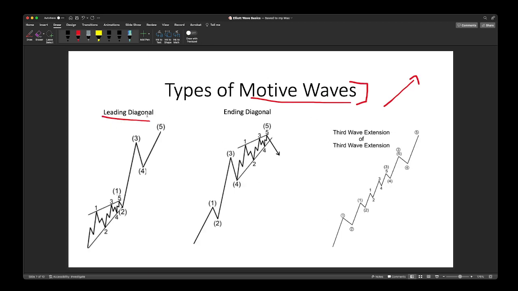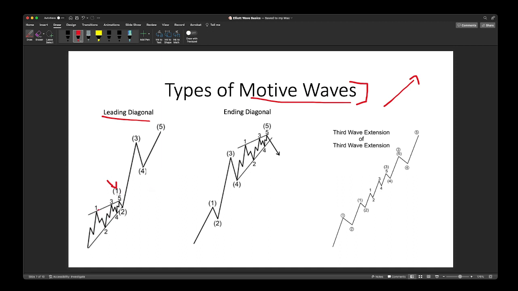There are 3 other types of motive waves: your leading diagonal, your ending diagonal, and extensions. Let's go over the leading diagonal first. So leading diagonals only occur in waves 1 or waves A of a retracement.